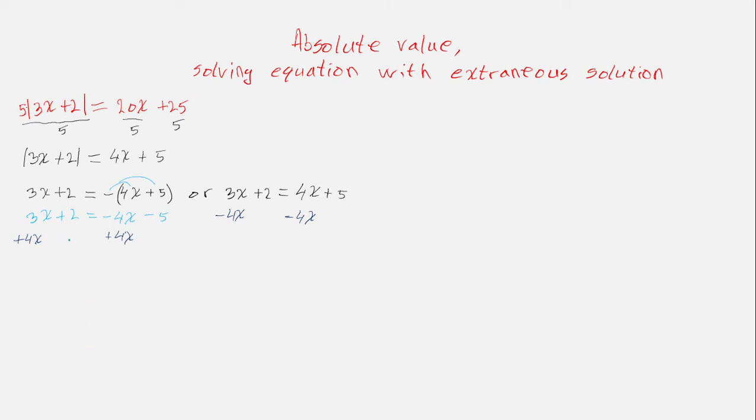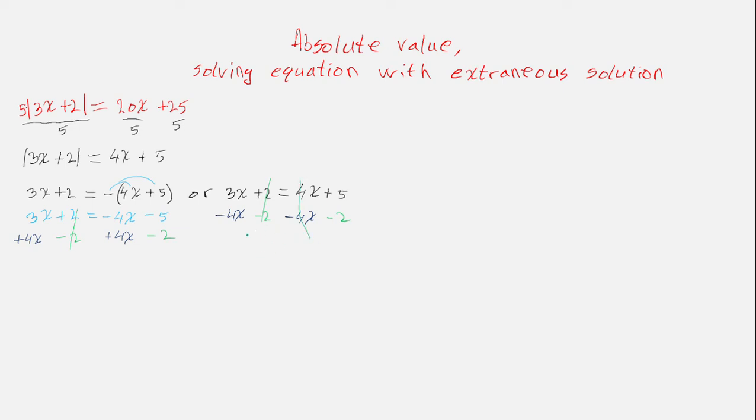Numbers need to go to the other side, so we'll say minus 2 and minus 2, so this goes away, and minus 2 here, so this goes away too.